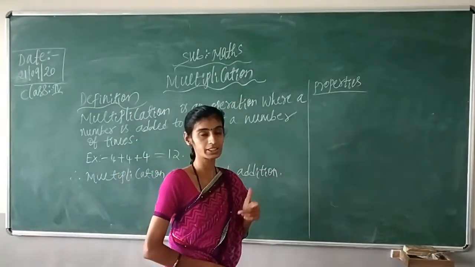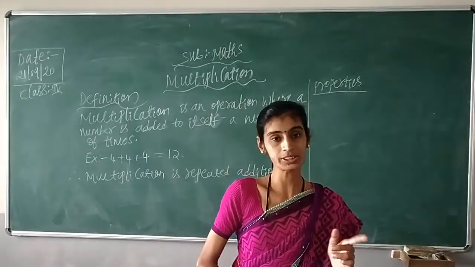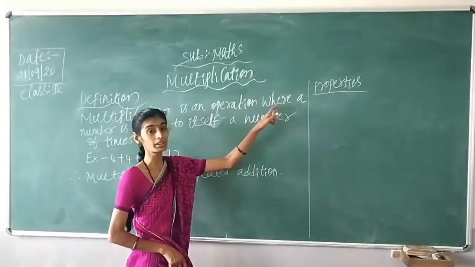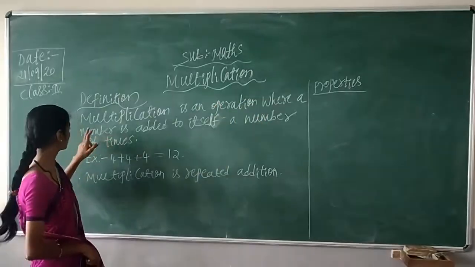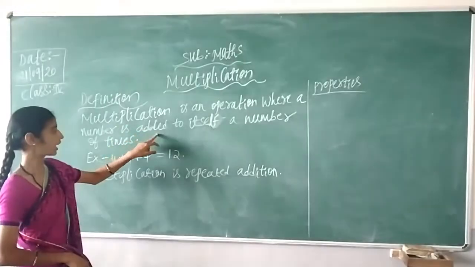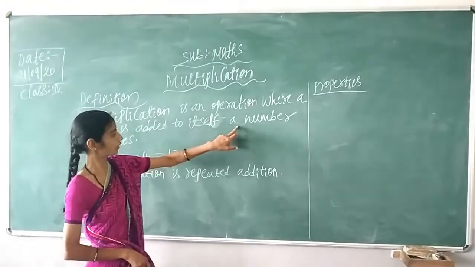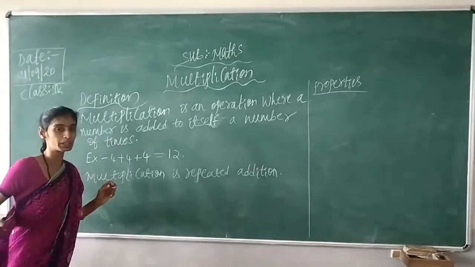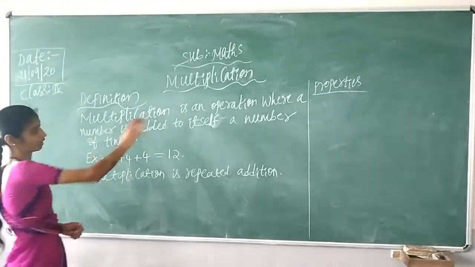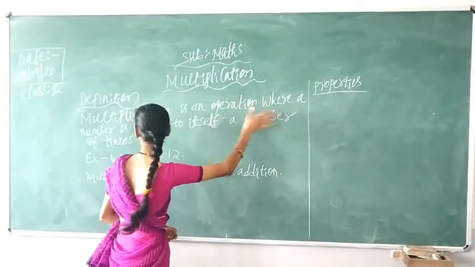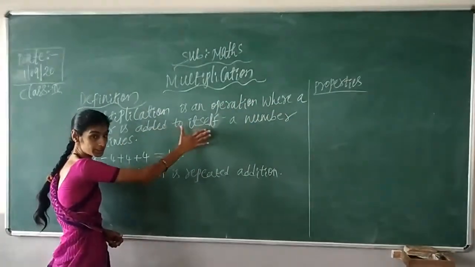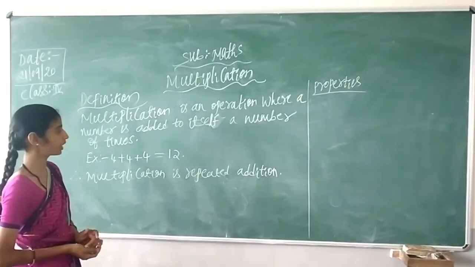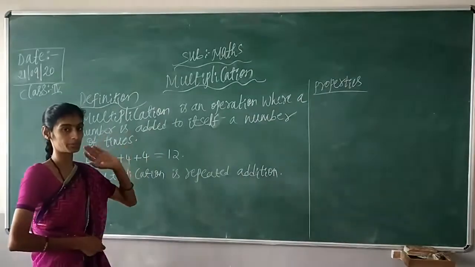Like addition and subtraction are operations, multiplication is also an operation where a number is added to itself a number of times. So what is multiplication children? It is an operation where a number is added to itself, keep in mind, a number of times.